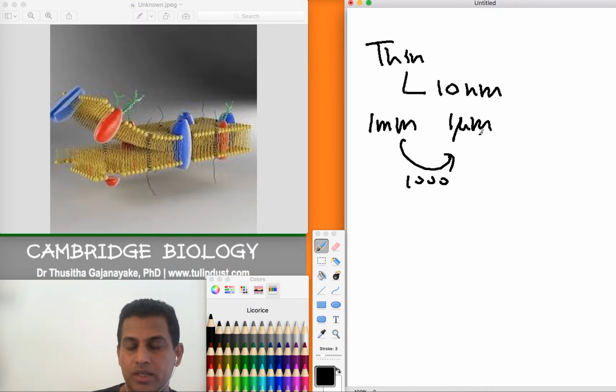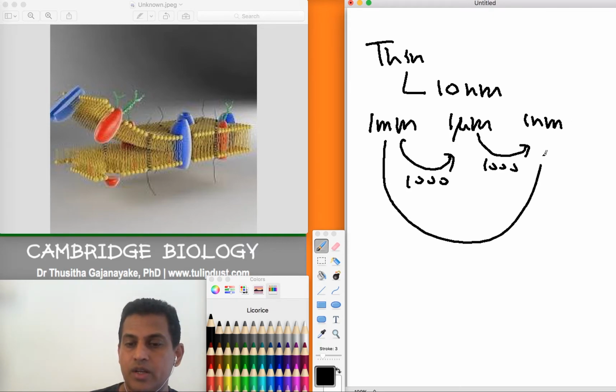Divide again by 1000 and you get 1 nanometer. So a nanometer is 1 million times smaller than a millimeter. So at 10 nanometers it is an extremely thin structure.